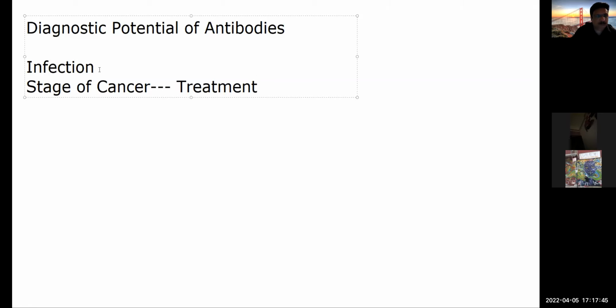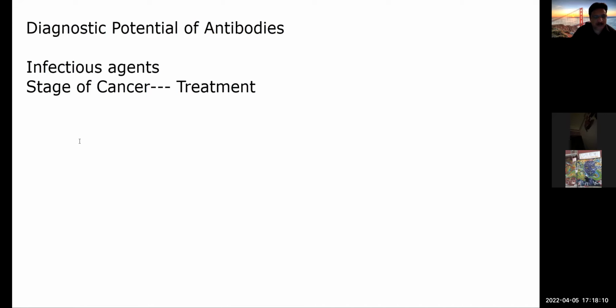So, infectious agents and stage of treatment. So let's get into the infectious agents.